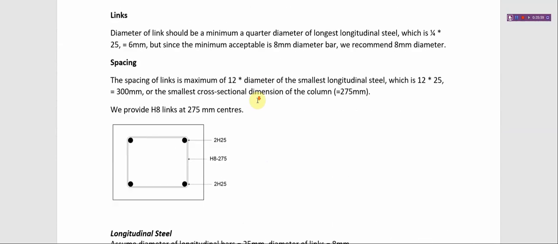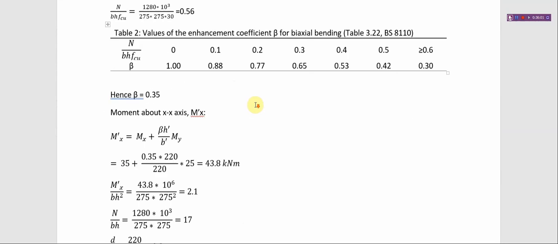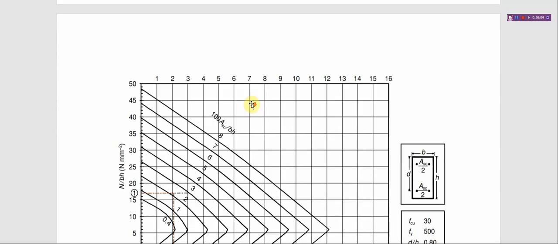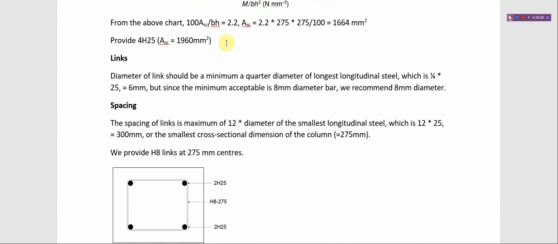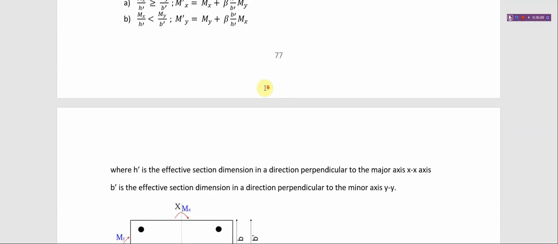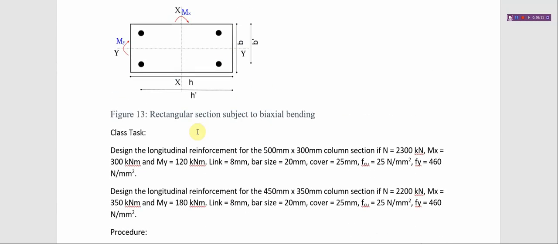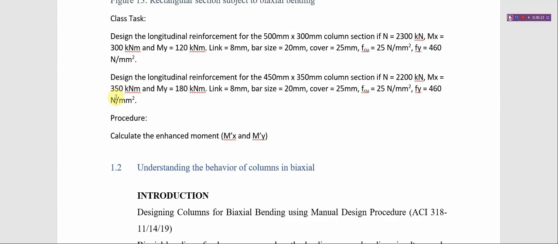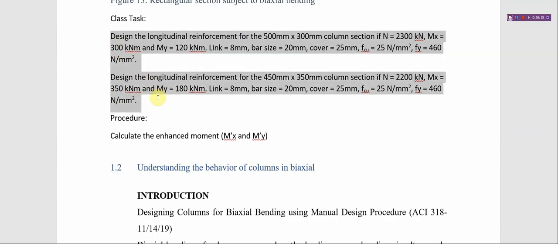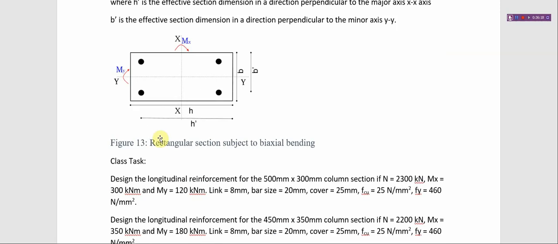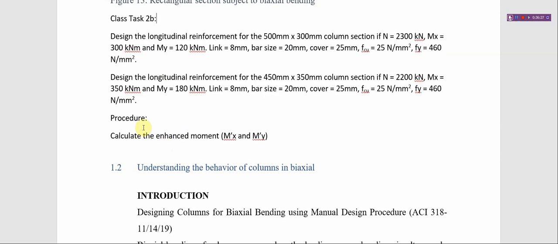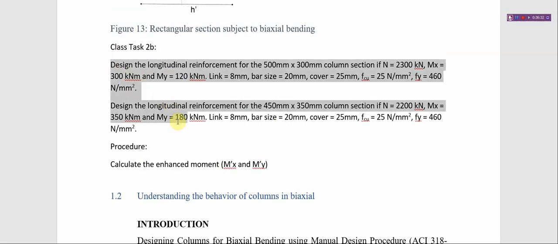Now I'm done with that. Now I want us to look at this task again. I want you to practice this. Just please practice this class task, and then calculate your m prime s and m prime y, and let us see what we have.